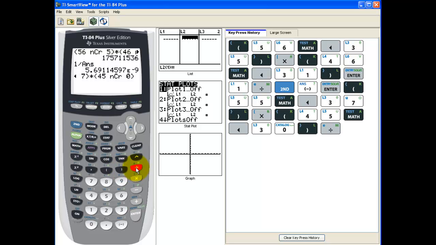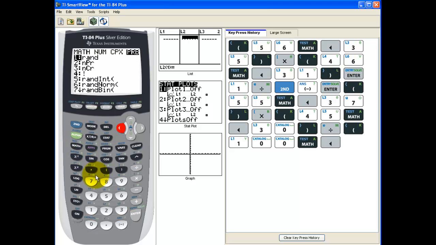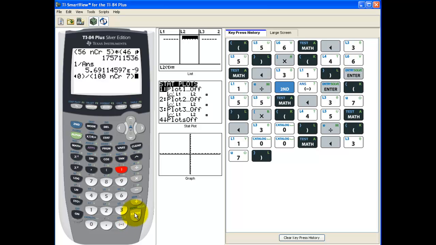And then we want to divide that by 100 choose 7. And so the probability that the committee would be composed of Democrats entirely is right there, as you see, 0.01267, and so on, about 1.2, 1.3%.